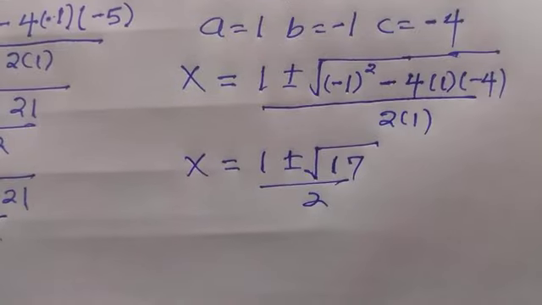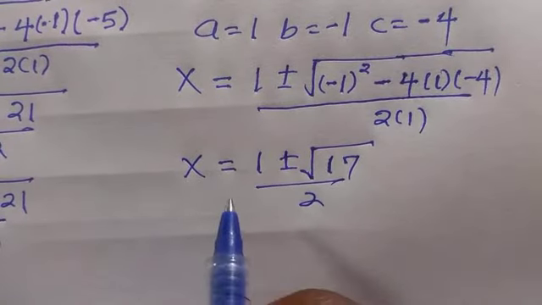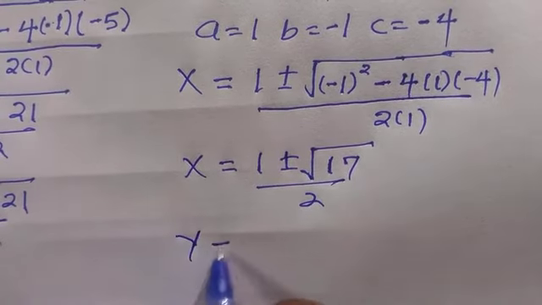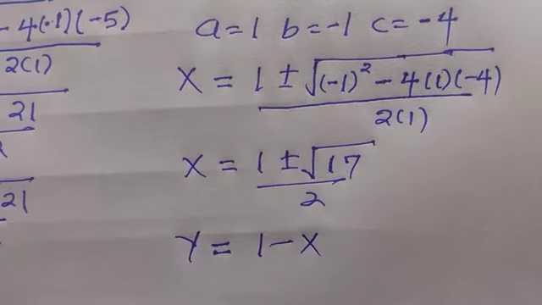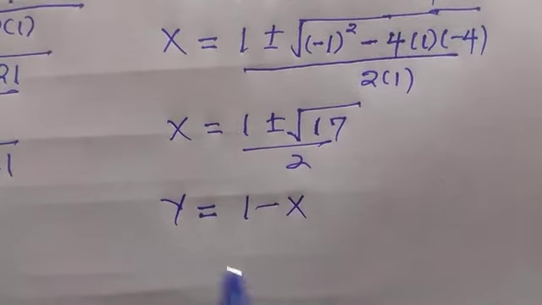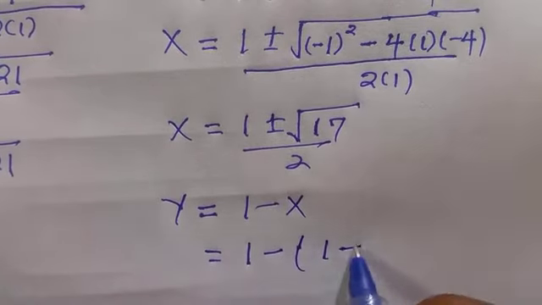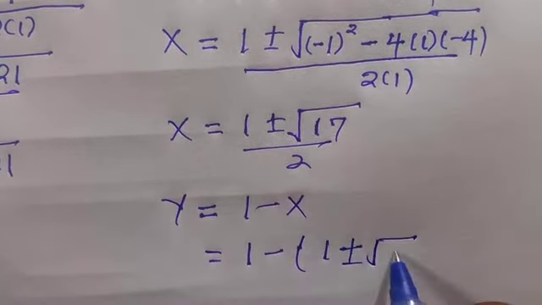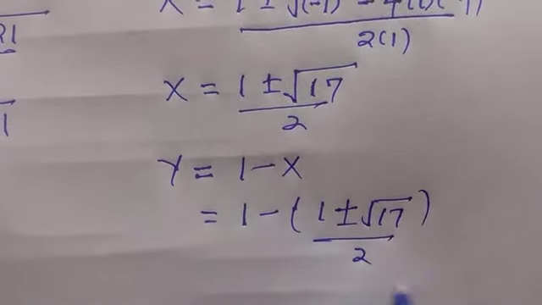If this is the value of x in this second case, to get the value of y, we substitute in this formula, which is 1 minus x. So I'm putting 1 minus x in this. We are going to have this as 1 minus bracket 1 plus or minus root 17 divided by 2.